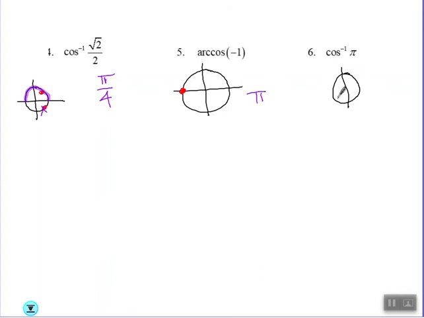Where on the unit circle is cosine pi? Well, pi is bigger than 1. We know that cosine is always between negative 1 and 1, so this never happens. So this one is the empty set.